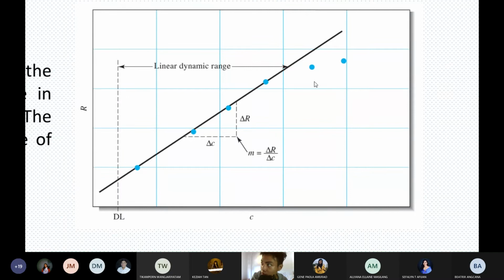So you may want to remove them, and that means you have to establish the upper limit of your measurement. The upper limit usually corresponds to a few notches after the last point of your standard calibration curve.